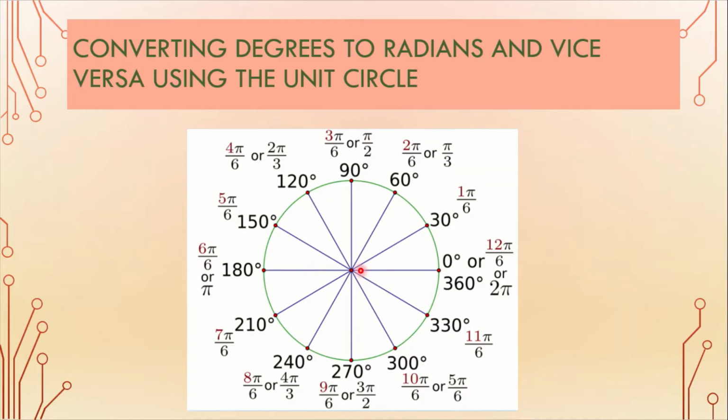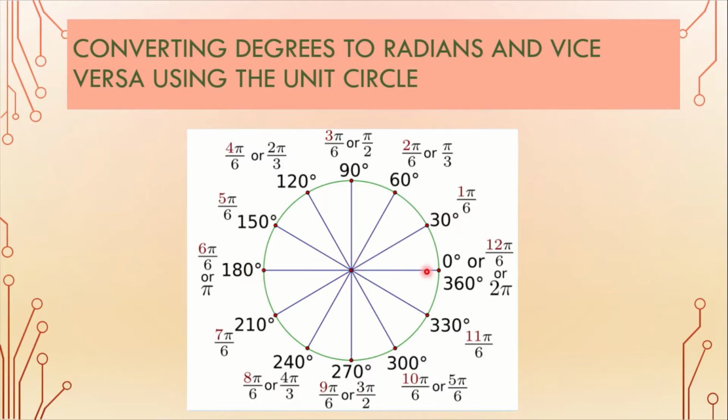When we speak of a unit circle, the radius is equal to 1. You can see here that the unit circle is divided into several parts. We have 0 degrees, and then 30 degrees, 60 degrees, 90 degrees, 120 degrees, and so on and so forth. And the degree measure of a semicircle is 180 degrees.